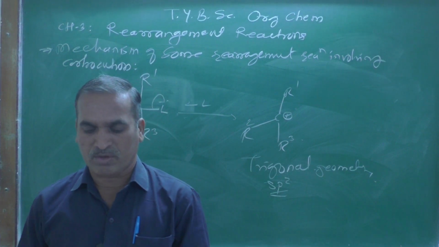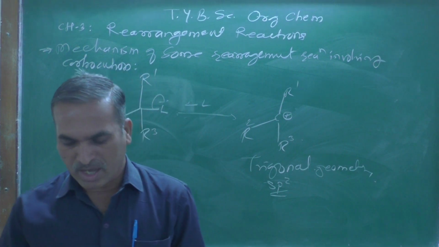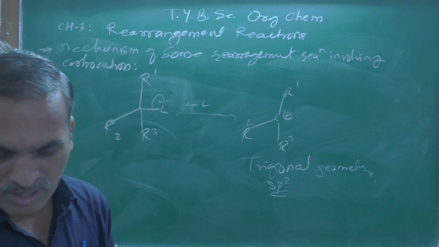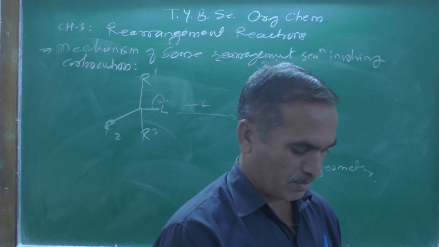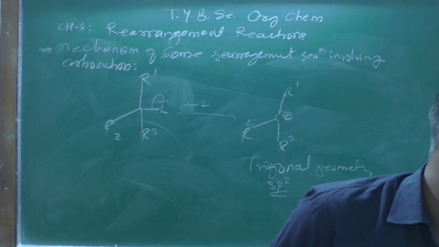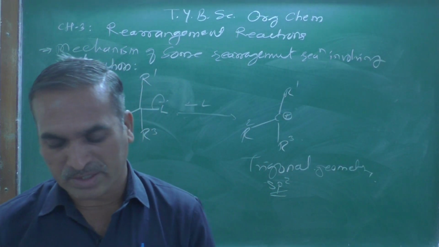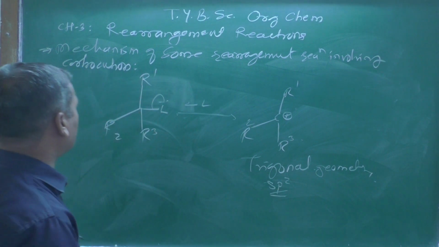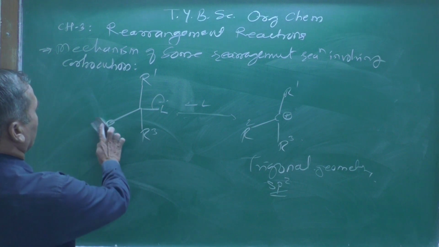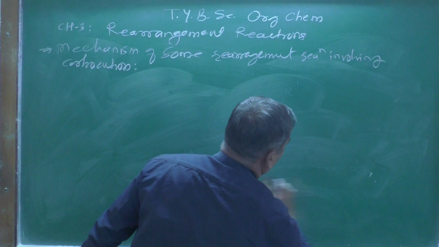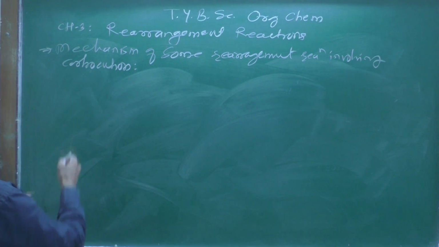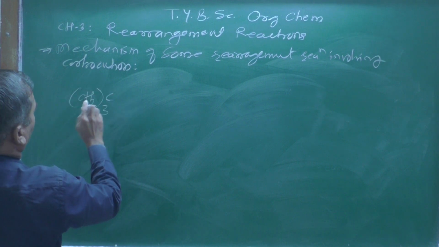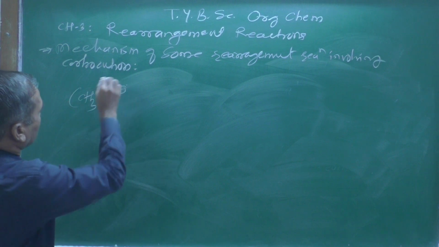The stability of the carbocation is in the following order. Let us see some examples. Suppose we have CH3 three times, three methyl groups attached to a carbon with a positive charge.